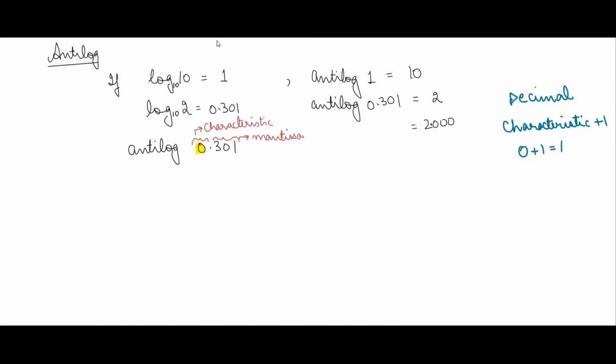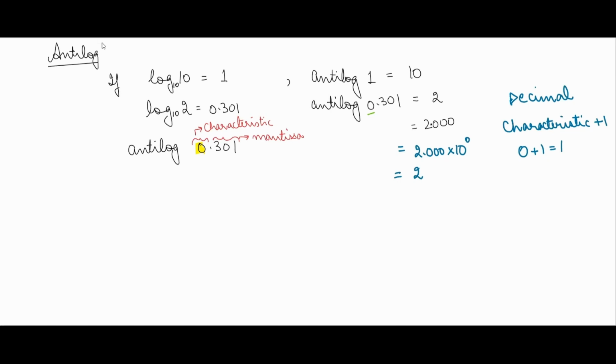Another way to look at the same point is, whatever you read from the table, you write it in scientific notation, 2.000, and whatever power you have, put it as the power of 10 as such. You're going to get your answer as 2. 2.0 means 2.